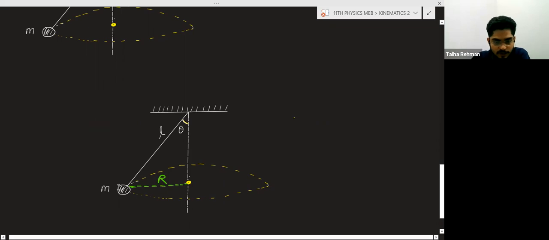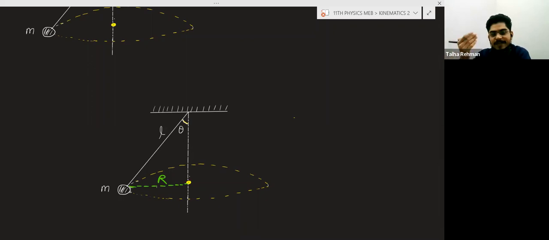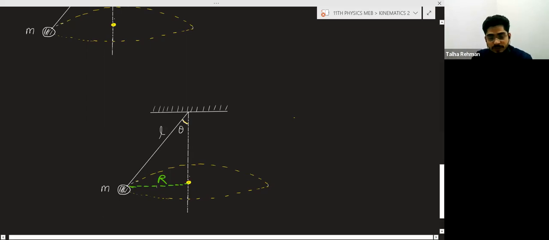So I have supposed r is the radius of the circle in which this mass is rotating. As this mass is rotating in a circular path, there will obviously be a requirement of centripetal force, and for providing that centripetal force to this mass, there should be another force.